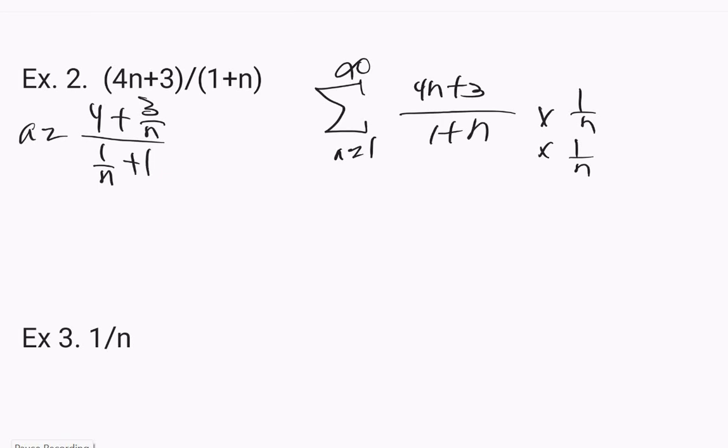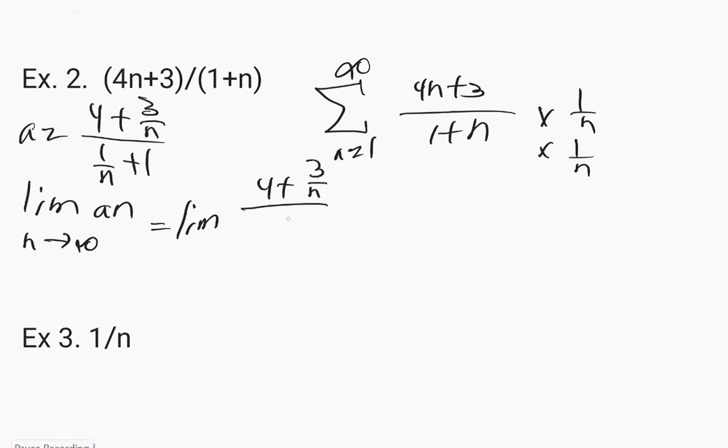So the limit of a sub n as n approaches infinity equals the limit of (4 plus 3 over n) divided by (1 over n plus 1) as n approaches infinity, which equals 4.